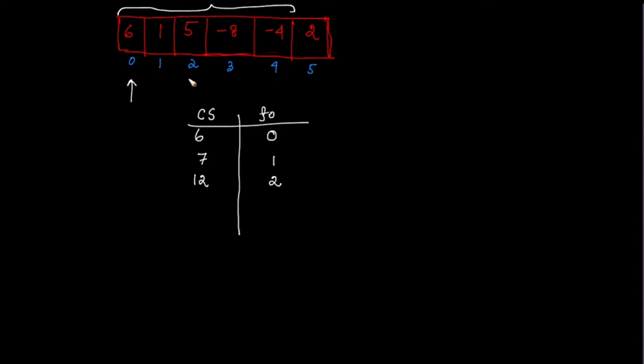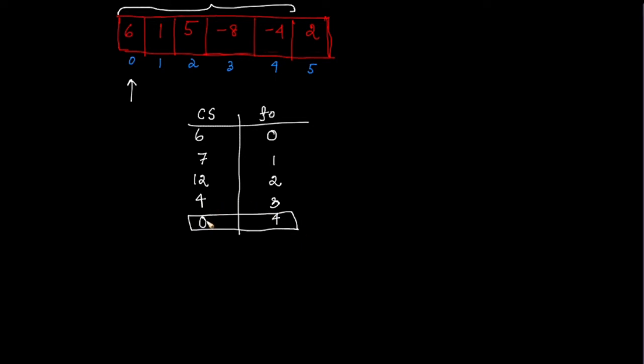Again you move ahead, 12 minus 8 is 4, which is at the third position. Again you move ahead, 4 minus 4 is 0, and it is at the fourth position. Wow, something is wrong, because at this moment your sum should have been 6.